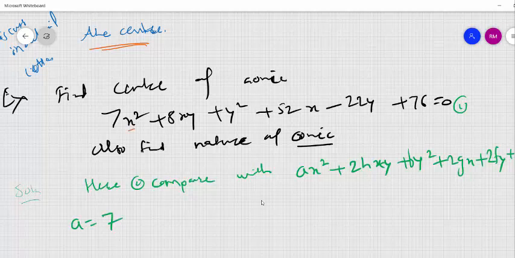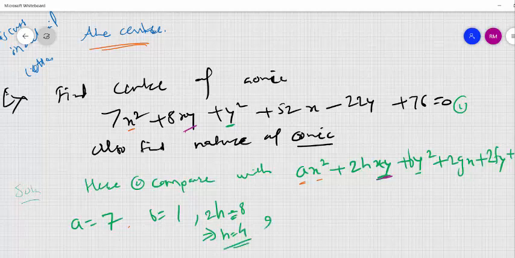Here the coefficient of x square is a, so a equal to 7. b equal to the coefficient of y square, that is equal to 1. h is the coefficient of xy divided by 2. So 2h is equal to 8. Note that 2h is equal to 8 implies h is equal to 4.